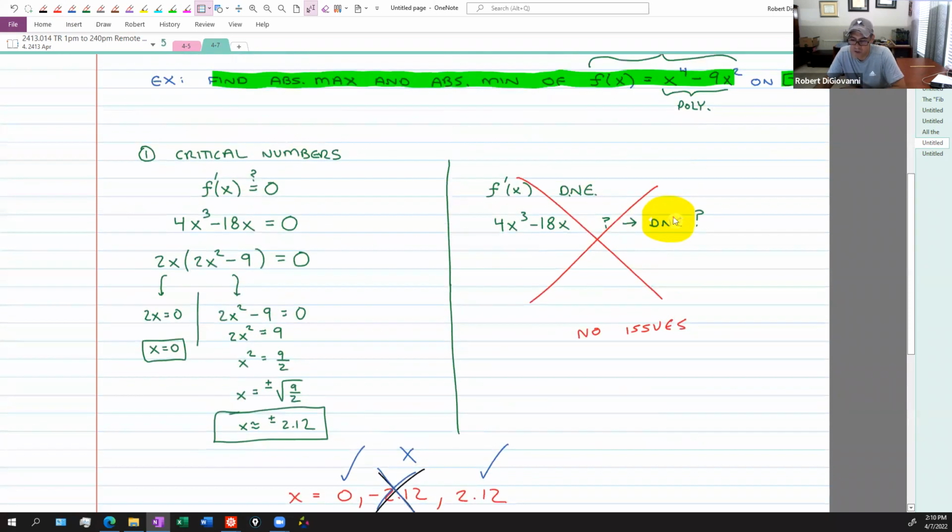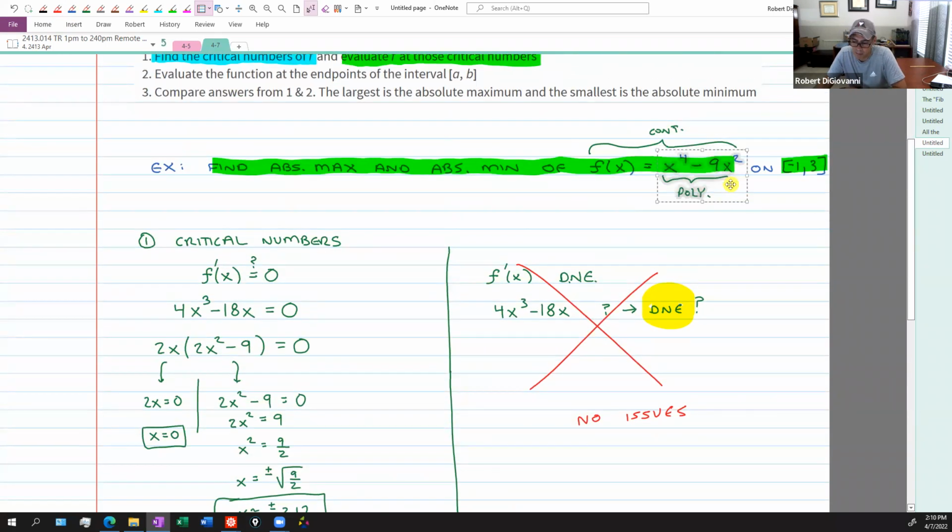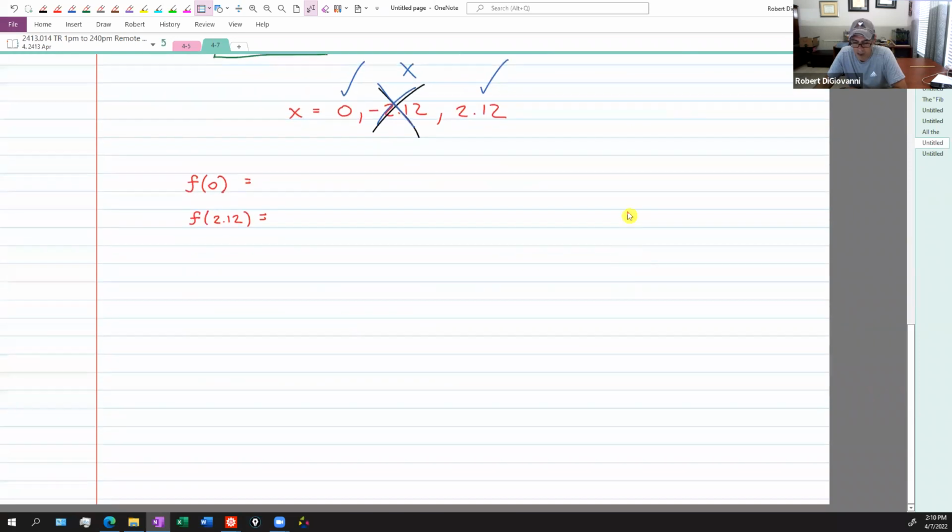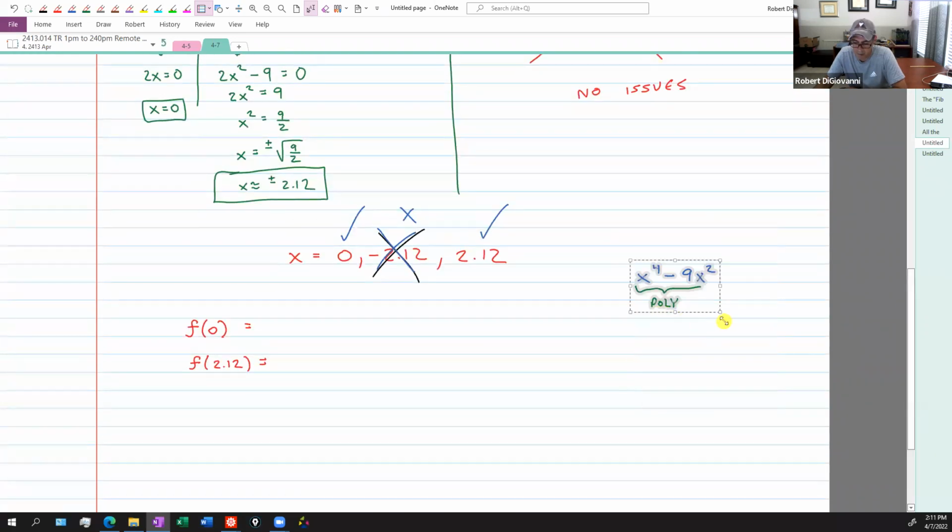And the original function was up here, so let me just copy it real quick. I'm just going to slap it down here so we can see it. That's the original function. When I plug in 0, that's easy, right? You just get 0. But if I plug 2.12 in, I have to do 2.12 to the 4th minus 9 times 2.12 squared.